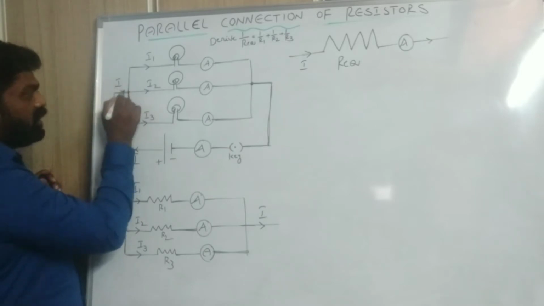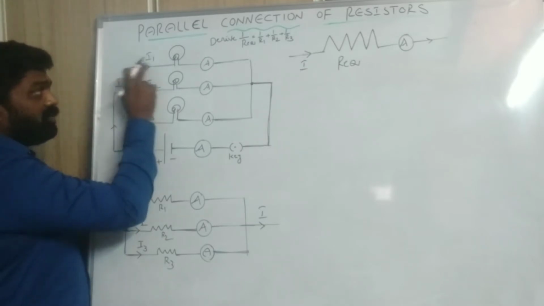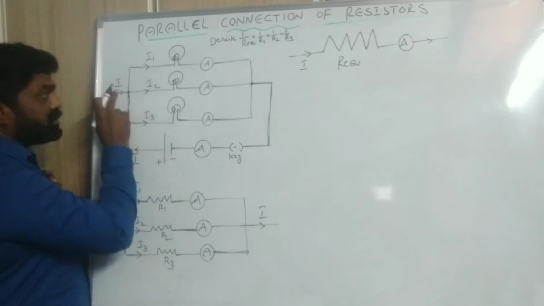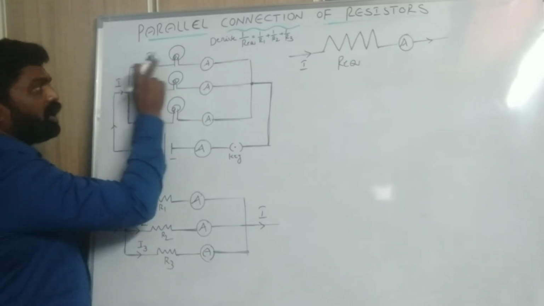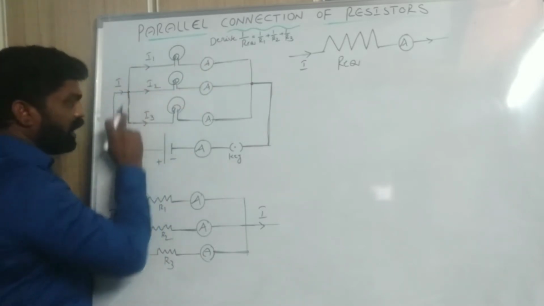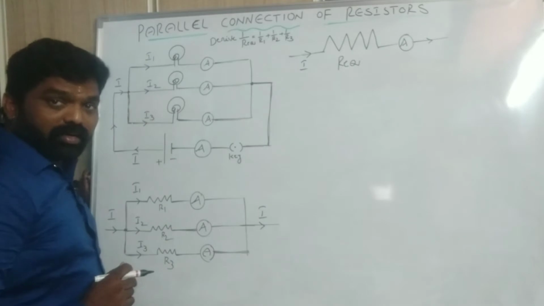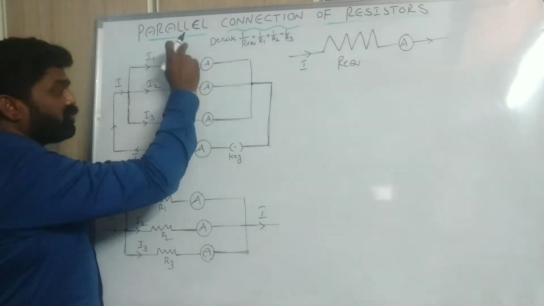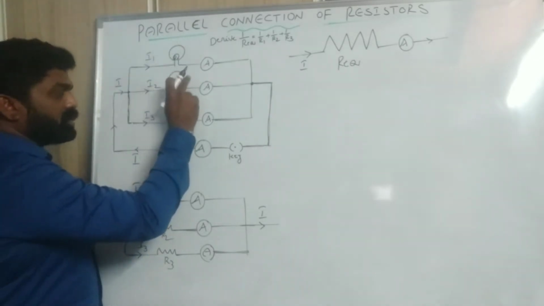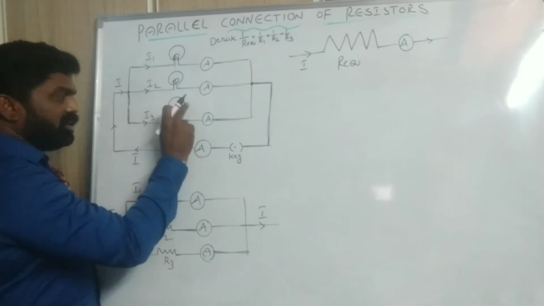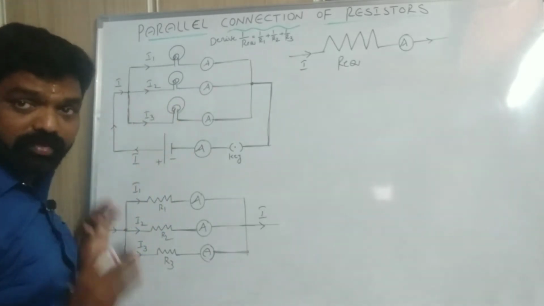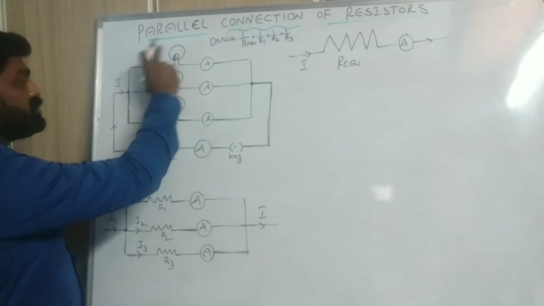Now the current I at this point, here three ways are there. Now this current I is divided into I1, I2 and I3, right? So I1 is the current through the first bulb, I2 through the second bulb, and I3 through the third bulb, right? So current is divided among them.